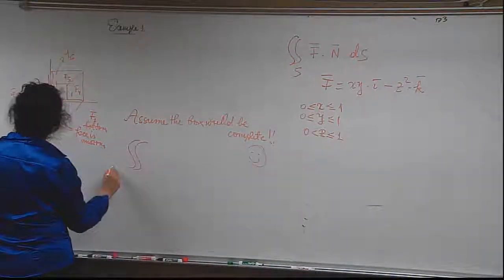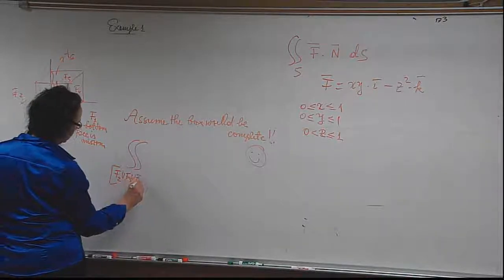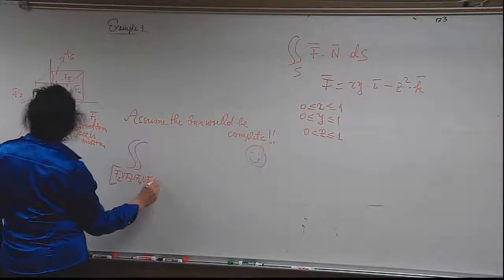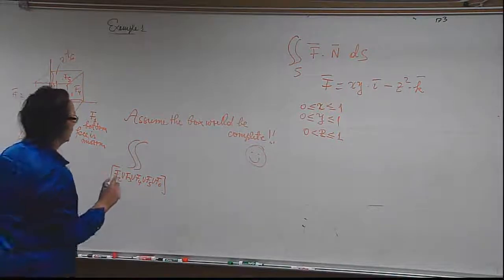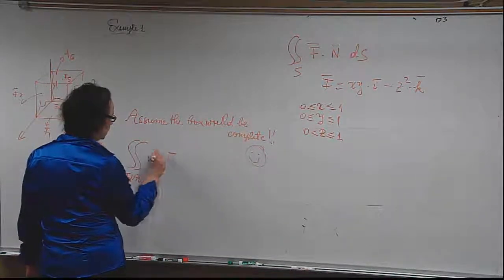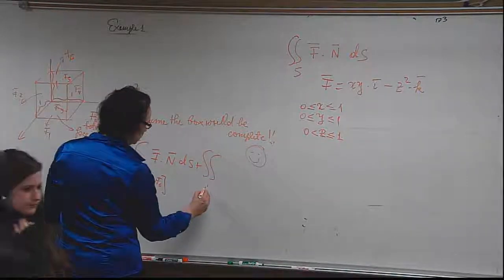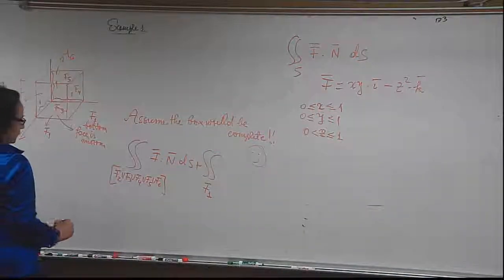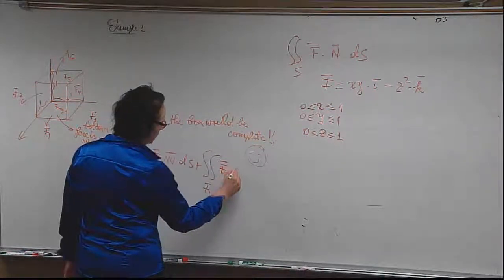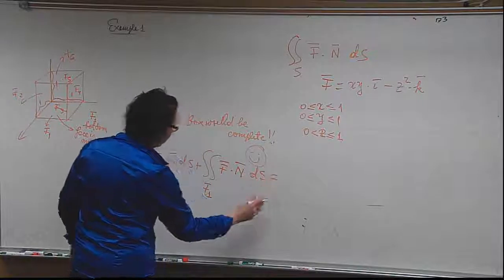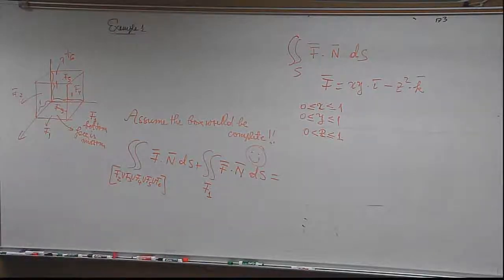The double integral over all the faces, F2 union F3 union F4 union F5 union F6, of F dot n dS, plus the double integral over what's missing, F1, of F dot n dS, that's the flux. If it were complete, that would mean I have the double integral over all 6 faces.